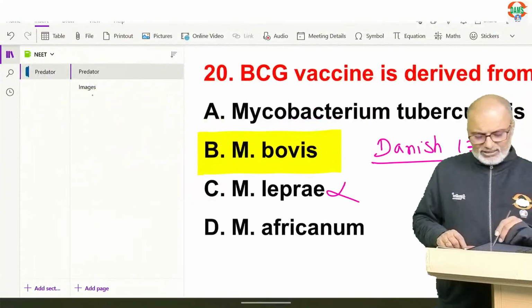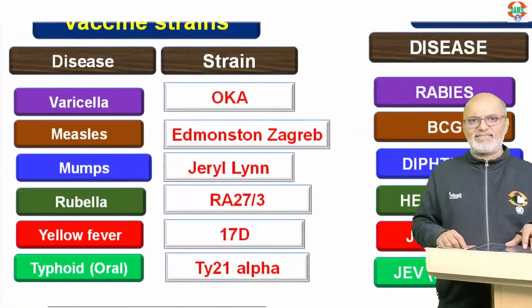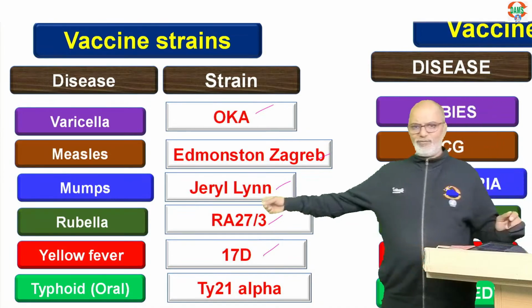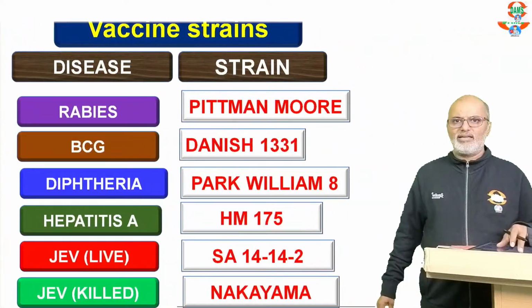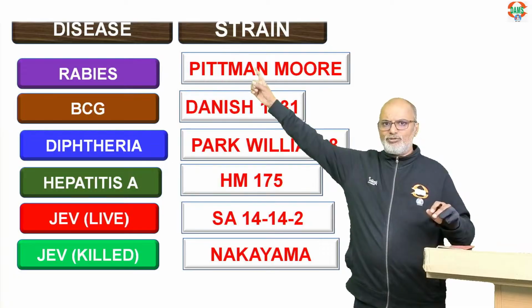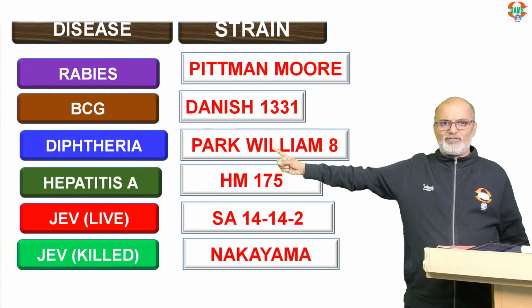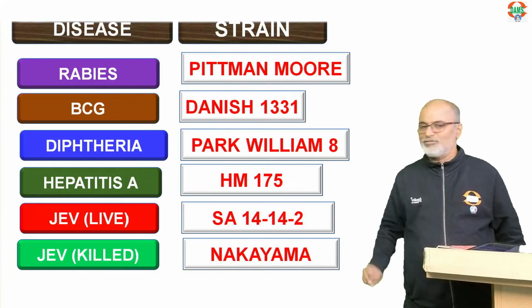If you attended my DVT, I ended with the same two slides. I'm showing you vaccine strains: varicella, Oka strain; measles, Edmonston-Zagreb strain; mumps, Jeryl Lynn; rubella, RA27/3; yellow fever, 17D; typhoid, Ty21a; rabies, Pitman-Moore; BCG, just now we said Danish 1331; diphtheria, Park-Williams 8; and hepatitis A, HM175, a new one.